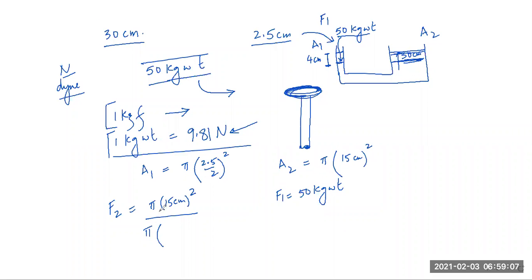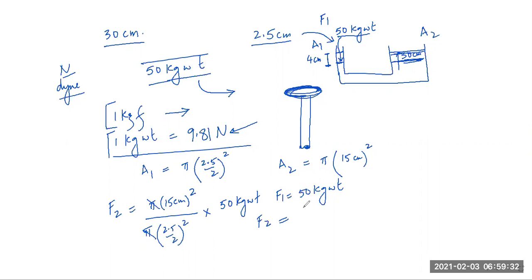Sometimes you don't have to multiply by pi because it gets cancelled here. And F1 is 50 kilogram weight. So very easily from here you can calculate F2.